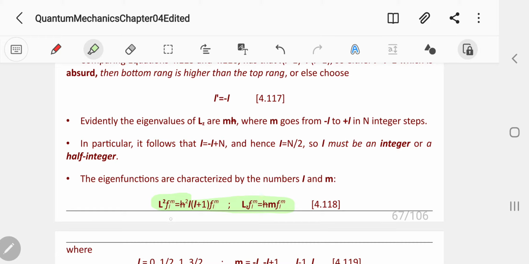So this is not anymore lambda. Lambda is equal now to ħ² L times L plus 1, and your mu is equal to ħm.